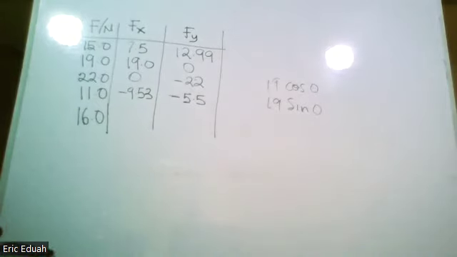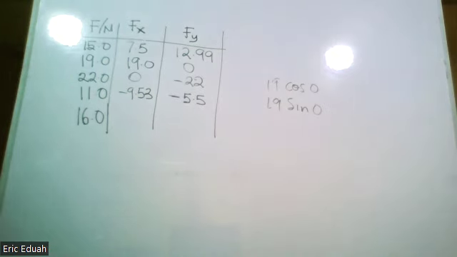Then 16. 16 makes an angle of 45 degrees with the x-axis. So 16 cos 45. And cos 45 is root 2 over 2.